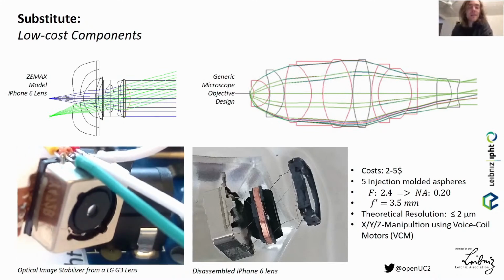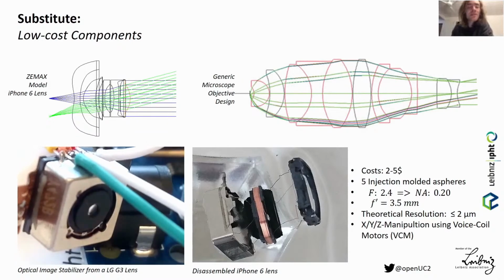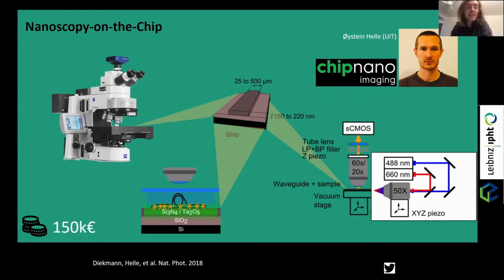This becomes very useful, because when you have access to yet another cool technology called nanoscopy on a chip, coming from a group from Norway, from Balpreet Ahluwalia and Øystein Helle, you can do super resolution on a very compact and low cost scale. How does that work?